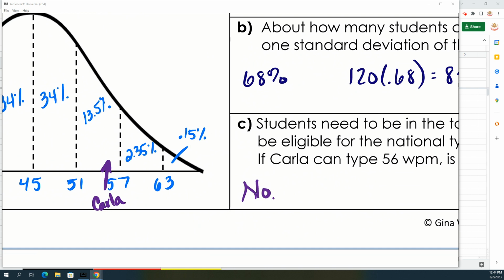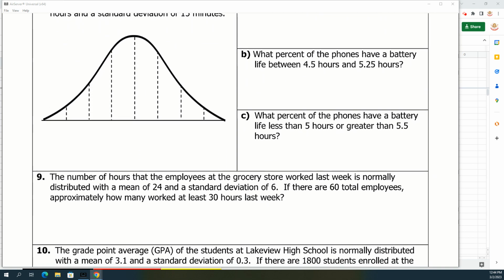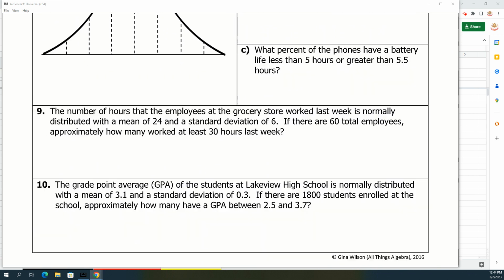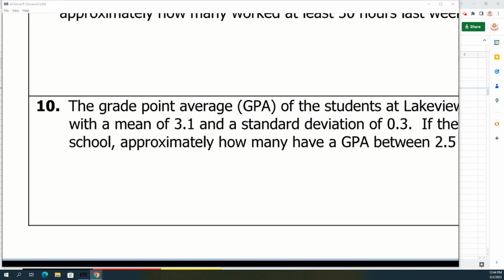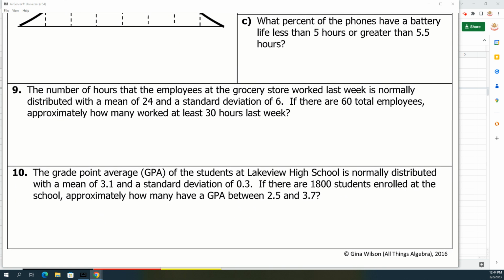Okay, we're going to do one more, and it's the very last question. On the majority of these, you have a curve already drawn, and you just fill it in. On the last two, you're going to have to draw your own little curve. We're not going to do any of that tomorrow. The other ones are going to be your homework.